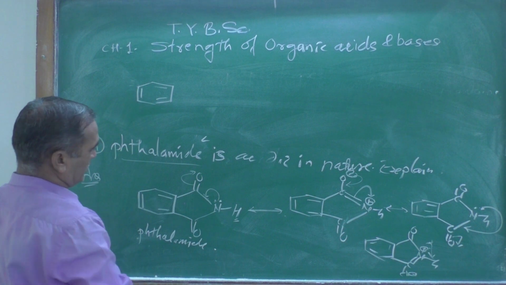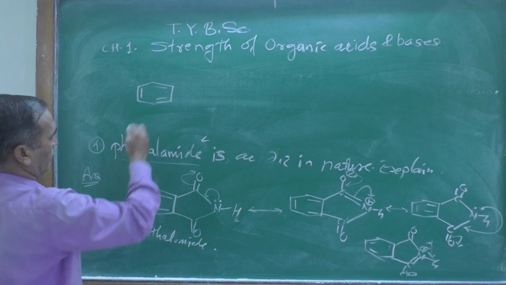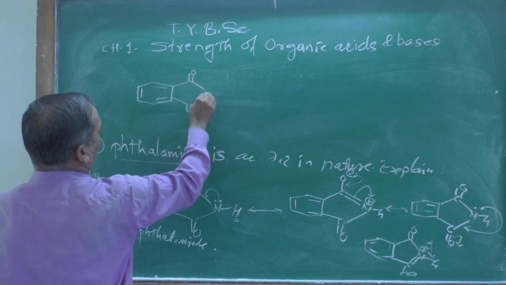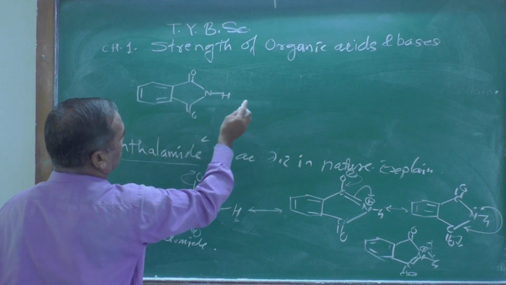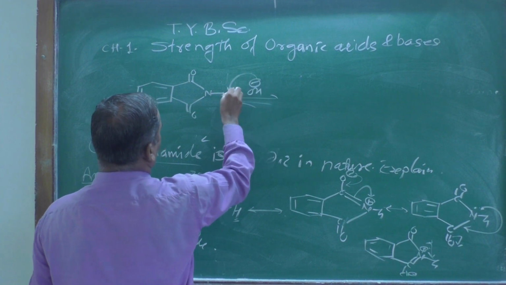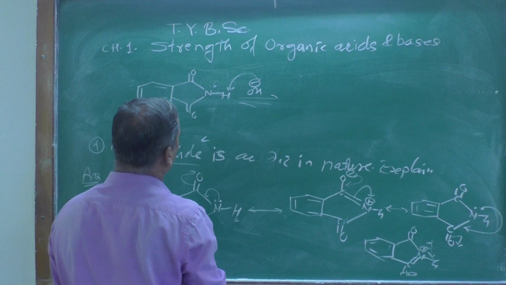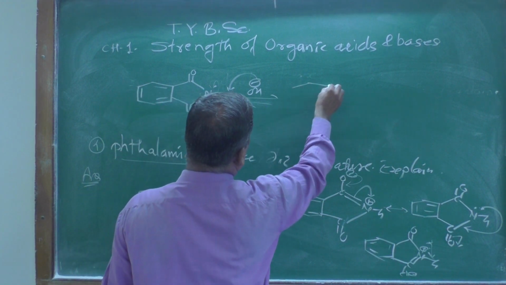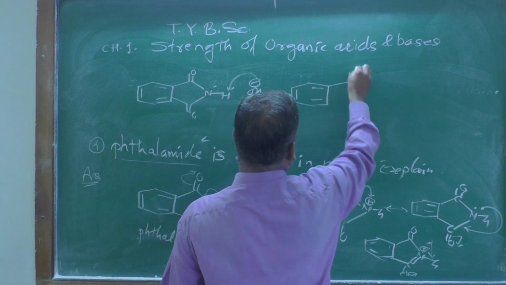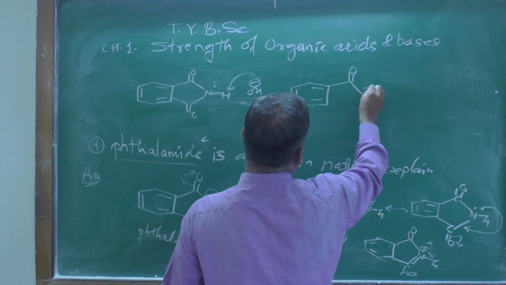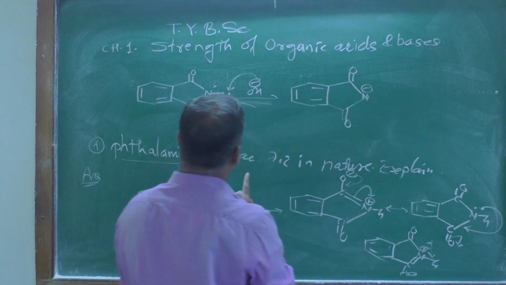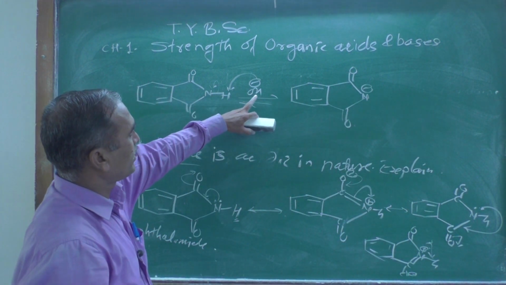Observe the structure carefully: C double bond O, then double bond O, N H. By using a base, suppose OH minus will abstract the proton and form the conjugate base here. And now when the conjugate base is formed there, C double bond O, then N minus charge over there, and this one double bond O.